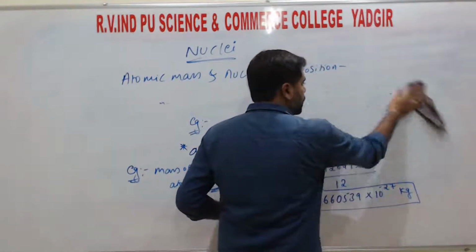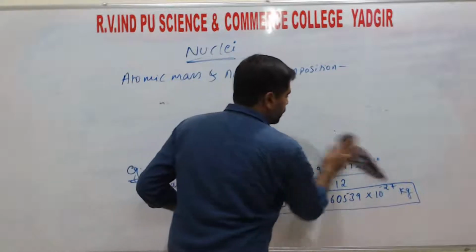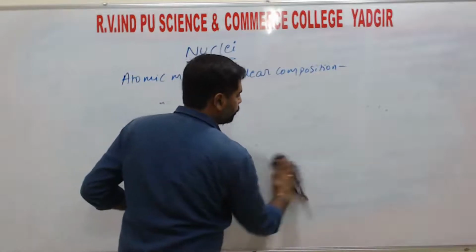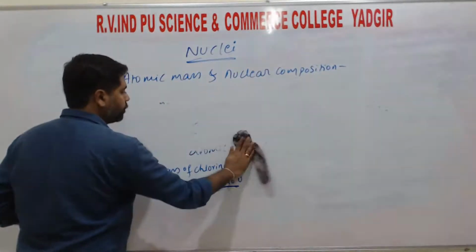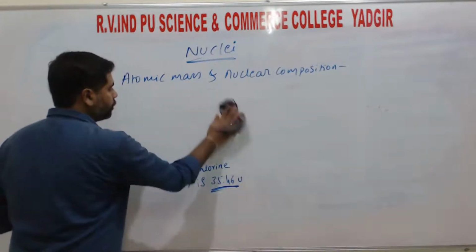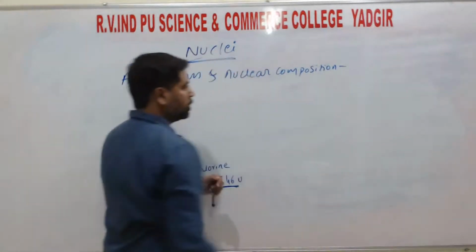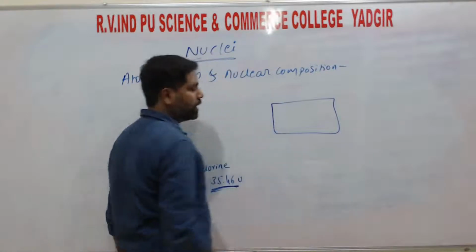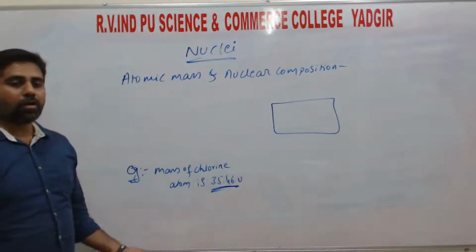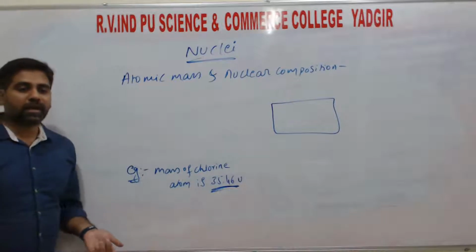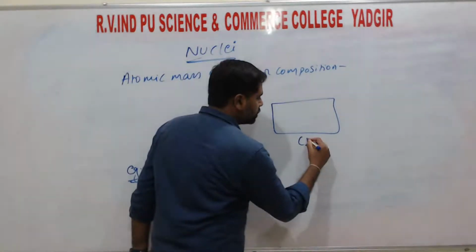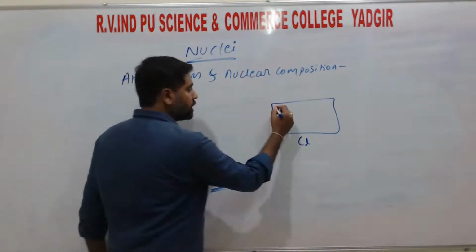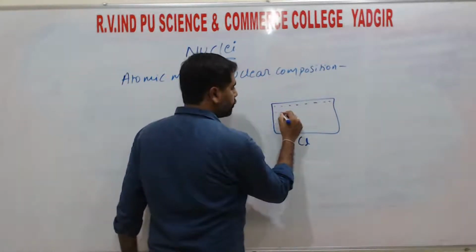Now if we measure the mass of the chlorine atom accurately by using mass spectroscopy, then here we observe: if we consider this as one chlorine element, the chlorine element consists of chlorine atoms which have the same properties as the element, right?